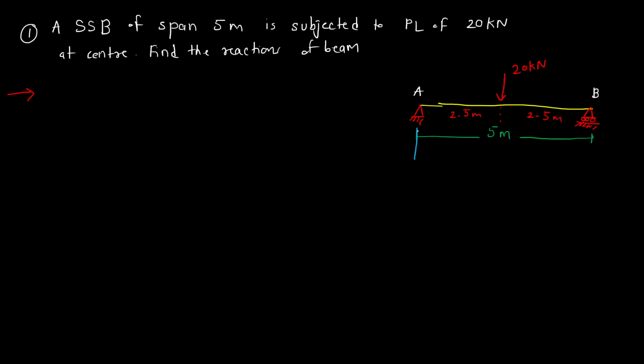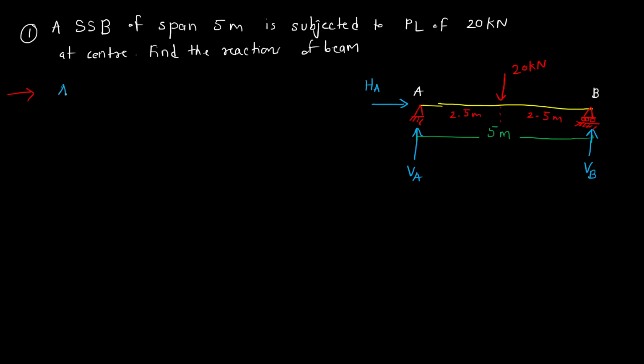Hinge support has two reactions, one vertical, one horizontal, and roller support has one reaction, in vertical direction. This is VA, this is VB, and this is HA. So these are the three reactions which are present. We have to find out these three values, HA, VA, and VB.